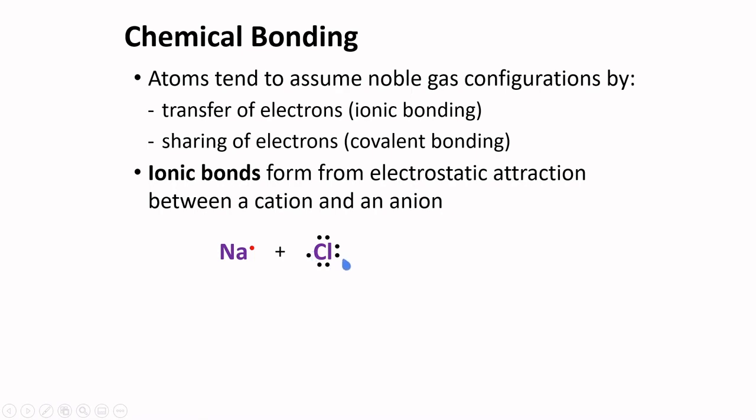Chlorine only has 7 valence electrons, and once it's accepted the electron coming from sodium, it will have a full octet of electrons. This is a stable form of chlorine. Since it's accepted an electron, it will gain a charge and become -1. And sodium, losing 1 electron, will have a charge of +1.